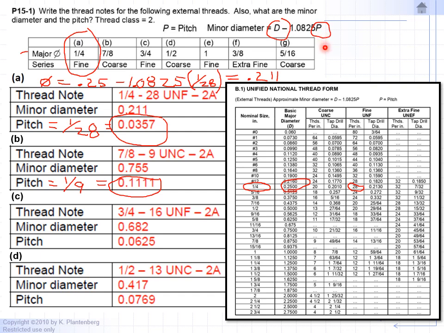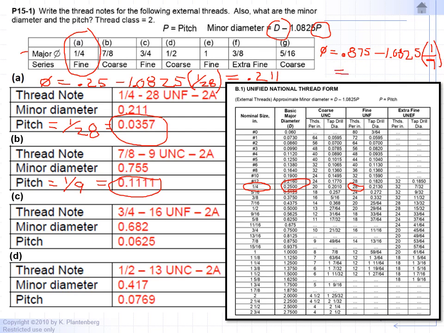Okay, so to calculate that, I'm going to do it over here to the right. I don't have enough room here. So minor diameter equals 7/8, or 0.875, right? So minus 1.0825 times 1/9, or 0.111111.